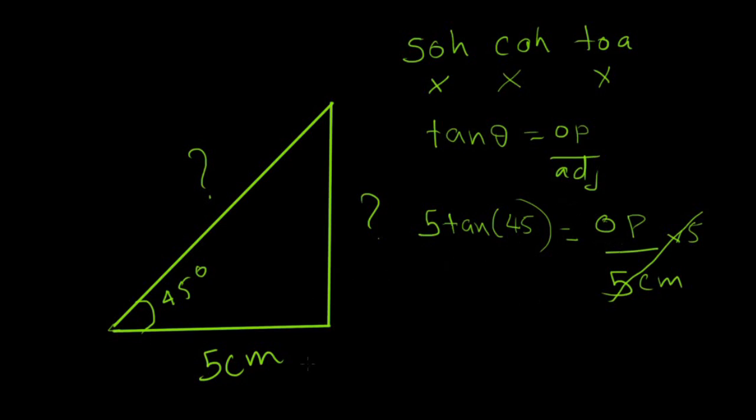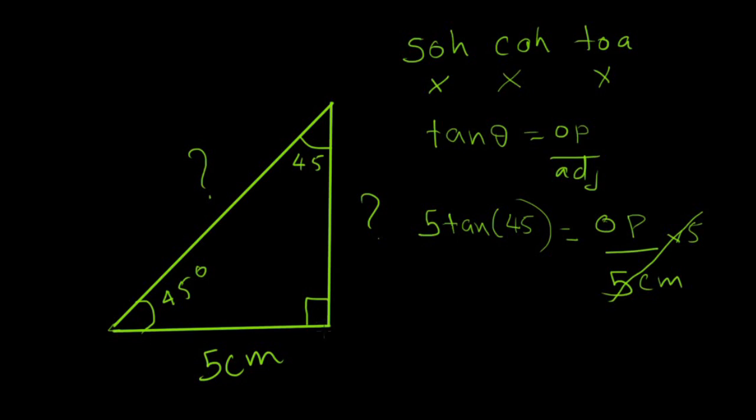So if this is a 90 degree and this is a 45 degree, this angle must also be 45 degrees, because 45 plus 45 is equal to 90, and 90 plus 90 is equal to 180.